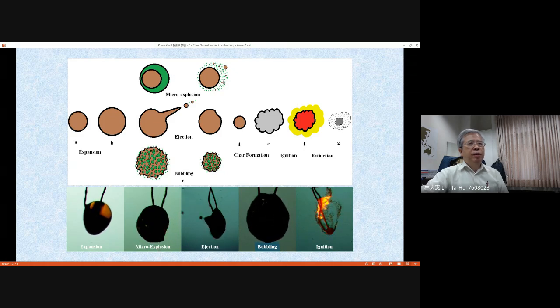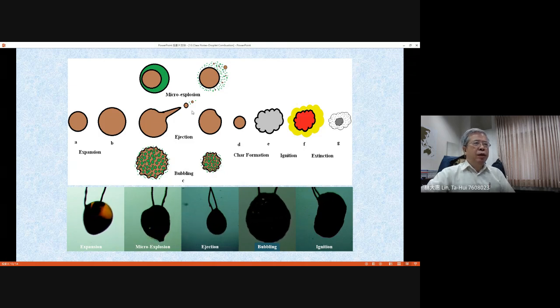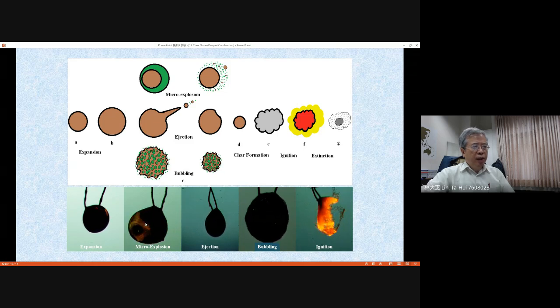Then you can see it produces water vapor coming out, but some droplets still impinge out. There is some kind of injection. For example, here you can see some kind of micro explosion. Since a small region of gas vapor is produced, it will impinge out by itself, and you can see a small droplet coming out.